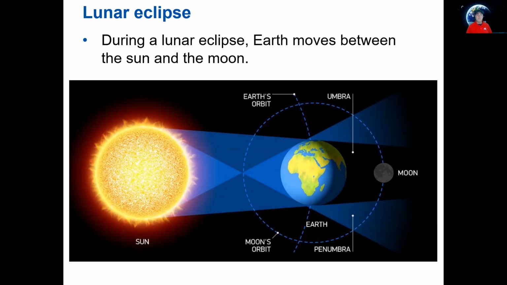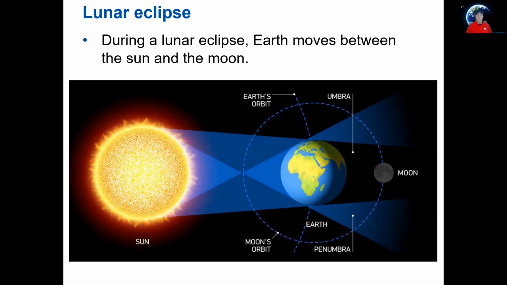When this happens, Earth blocks the sunlight that normally is reflected by the moon. This sunlight is what causes the moon to shine. Instead of light hitting the moon's surface, Earth's shadow falls on it. This is an eclipse of the moon, a lunar eclipse.